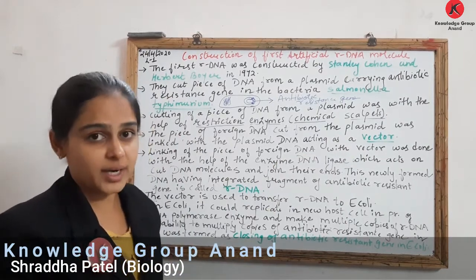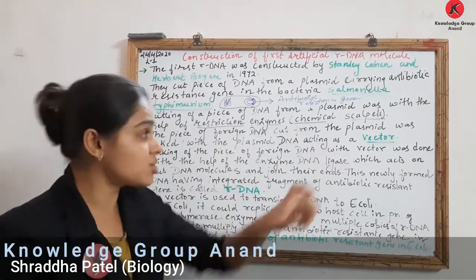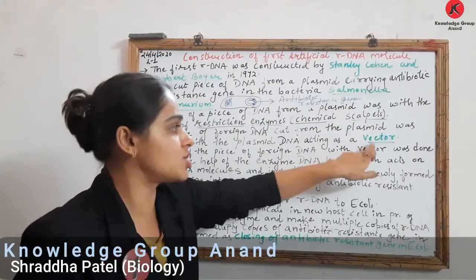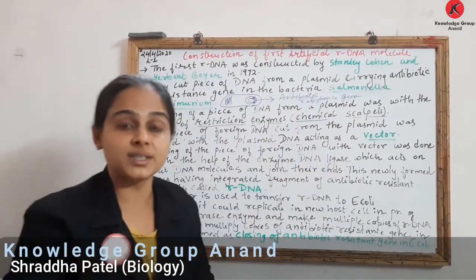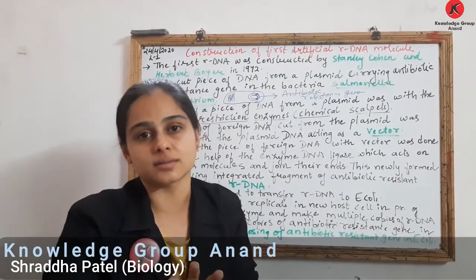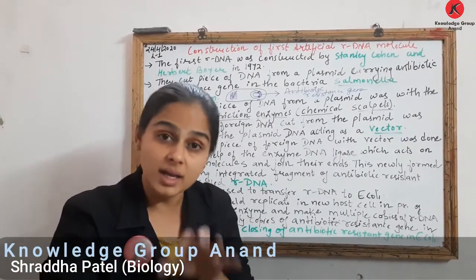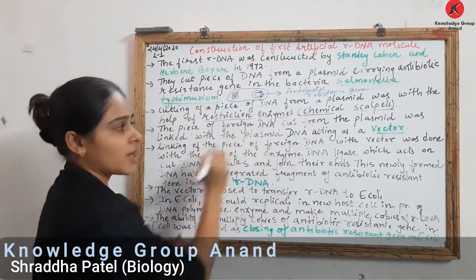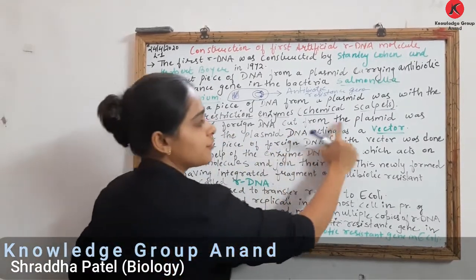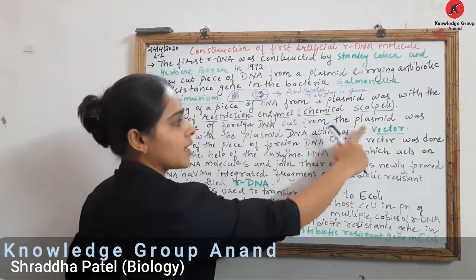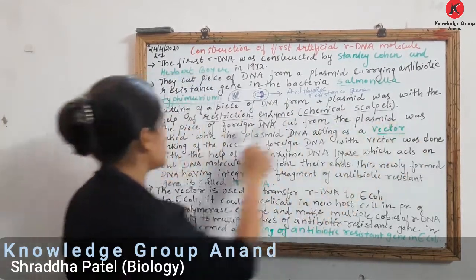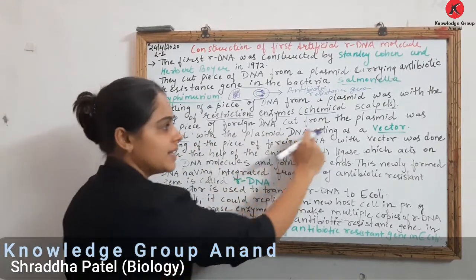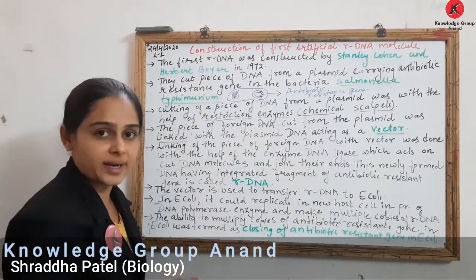Now what they did, they attached this cut antibiotic resistant gene to a vector. Vector in the sense carrier. What does vector mean? Carrier. Okay, so once again, the piece of foreign DNA cut from the plasmid, what you cut from here, was linked with plasmid DNA acting as a vector.